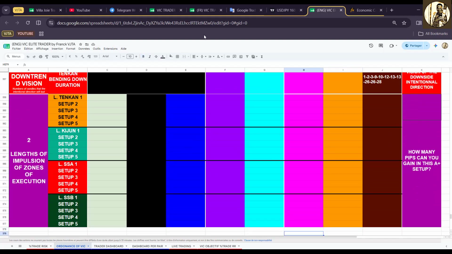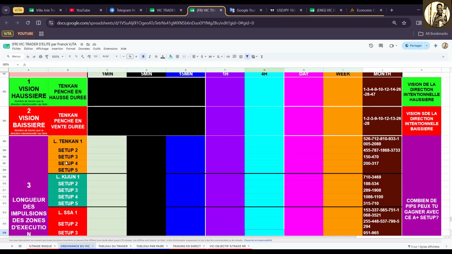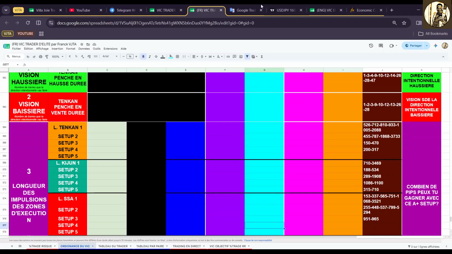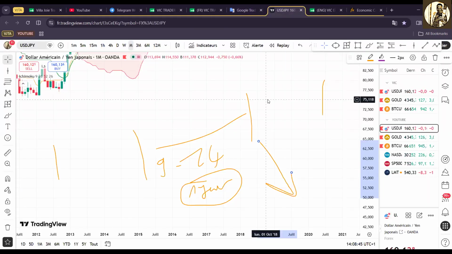So let us now go to the length of the impulsion. What I want to do here, for the length of the impulsion, right? Let's do it on monthly.